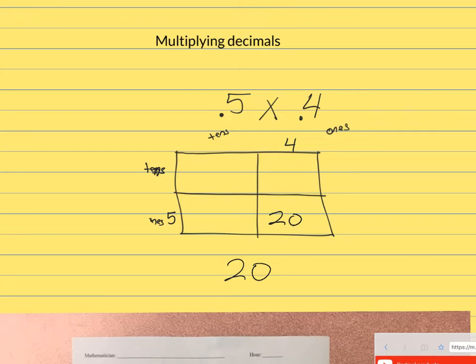So we have to count over how many decimal places. We're going to start at the end, and we're going to move over. It moved over one place. We start at the end and move over. It moved over another place. So we have 2 places that we need to move.